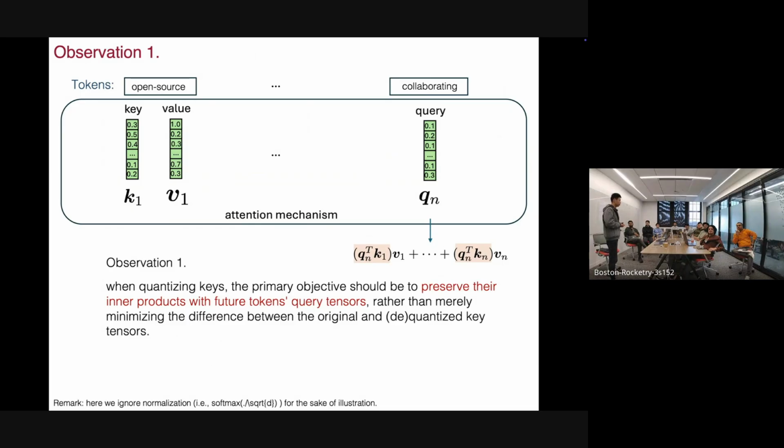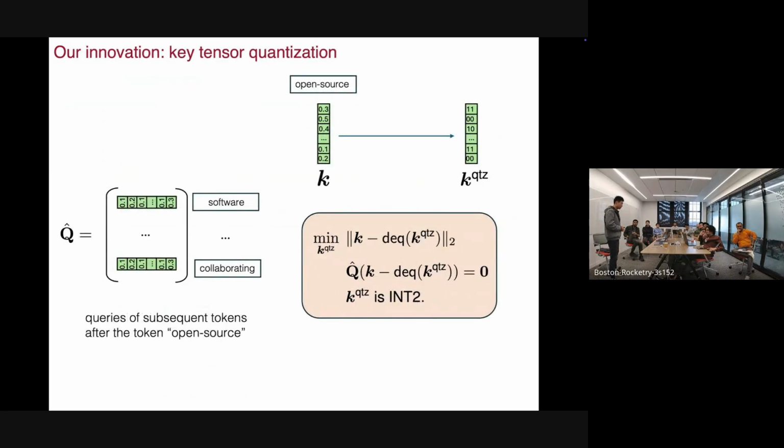That's the main goal we should pursue, rather than just minimizing the difference between the original and the quantized K tensor. So this observation leads to the main optimization problem we are trying to solve. Here, let's take this token as an example. I'm going to quantize the K tensor for this token. The way I quantize this token is I look ahead.